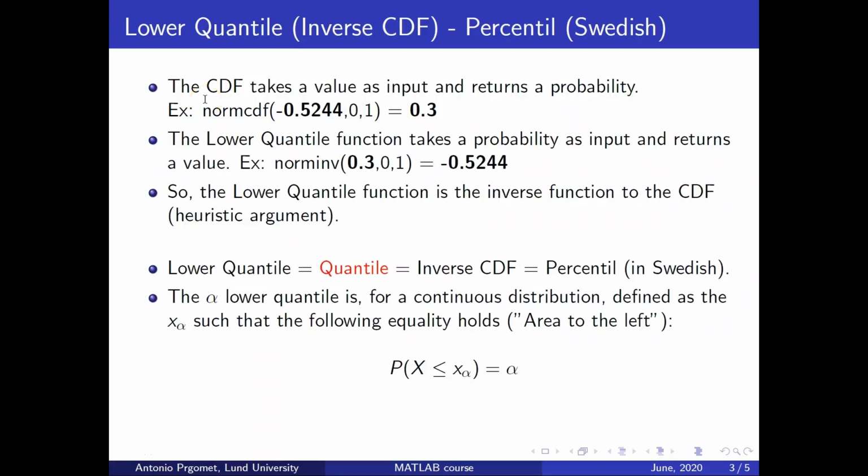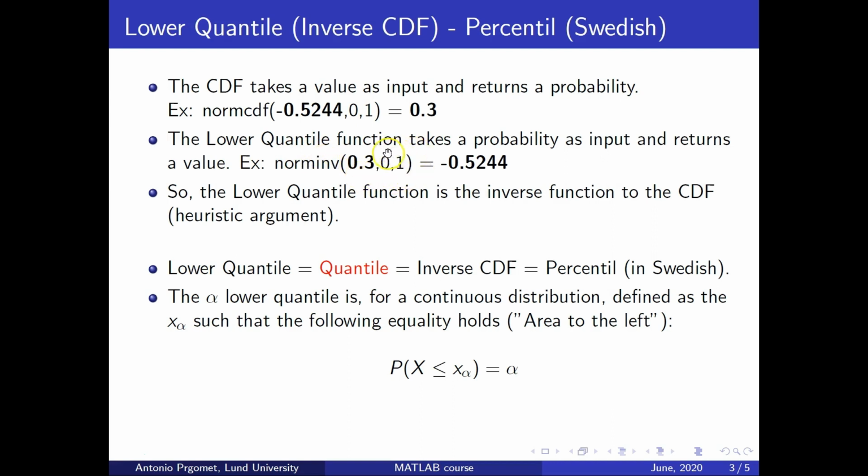The cumulative distribution function takes a value as input and returns a probability. For the standard normal distribution, the probability that we get a value less than or equal to minus 0.5244 is equal to 0.3. The lower quantile function, which is the inverse CDF, takes a probability as input and returns a value.